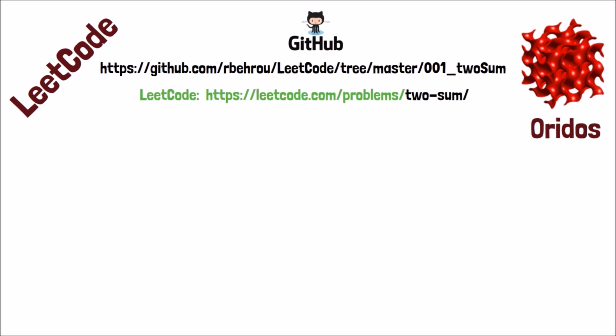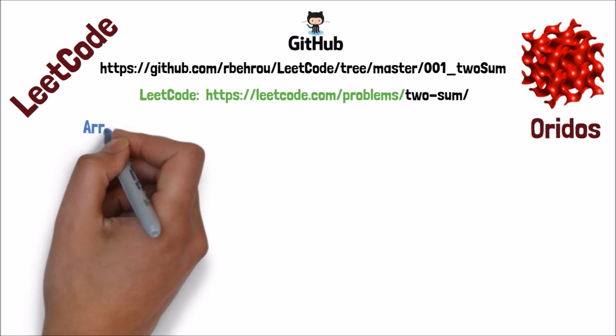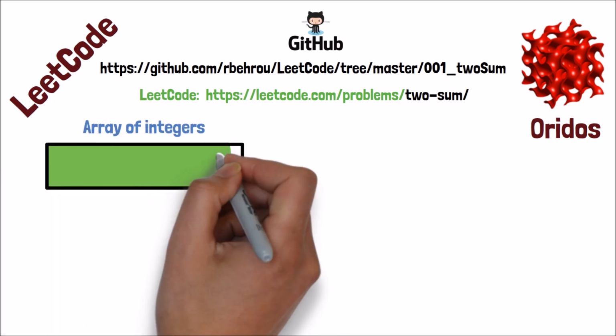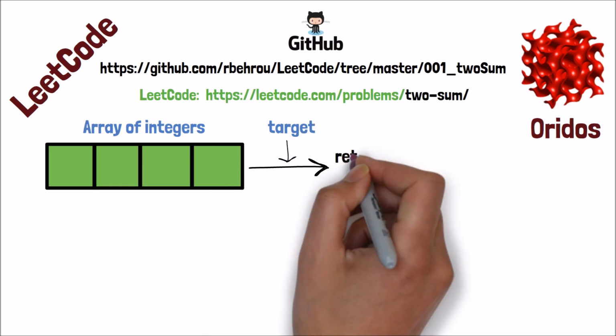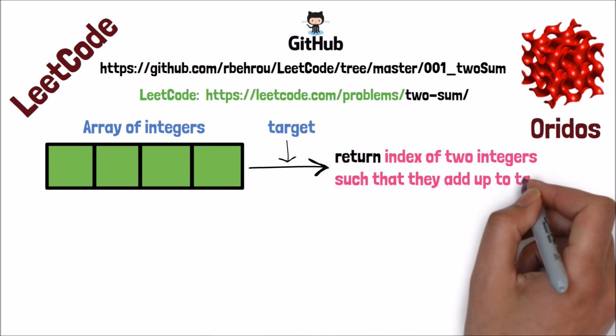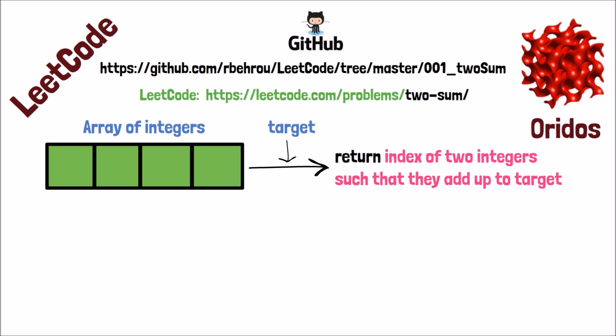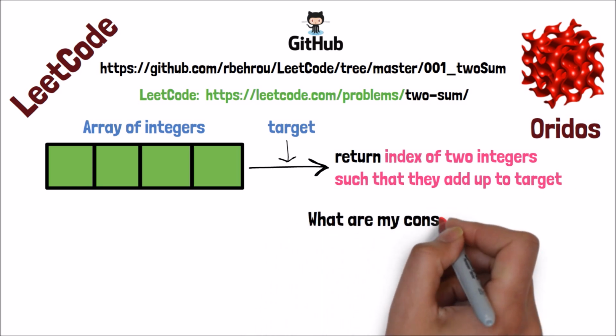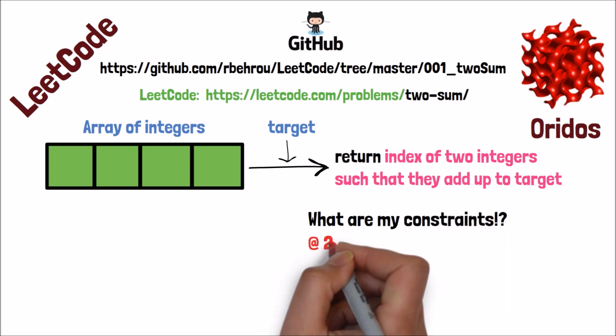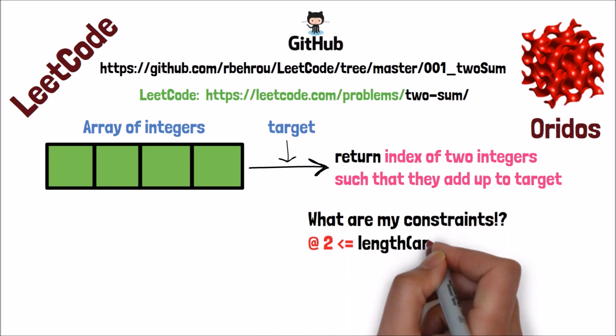Let's go back to the question one more time. Let's say we have an array of integers and a target integer as inputs. We want to return the index of two integers such that they add up to the target. For this question, what constraints do we have? The minimum length of the array must be 2, and the maximum is 10 to the power of 4.